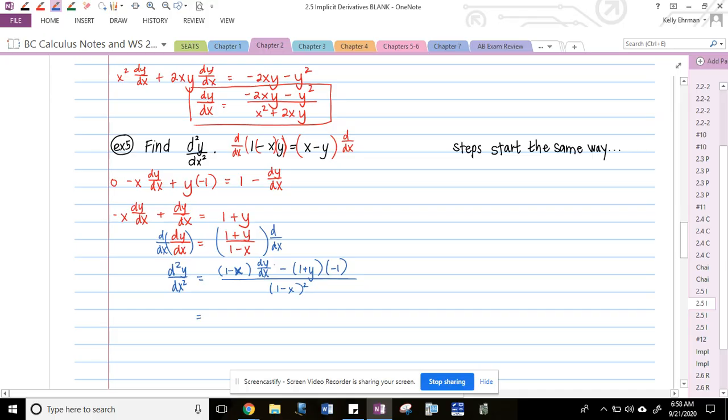Now, we don't want to have dy dx in our answer, but remember, we know what dy dx is equal to. So I have 1 minus x times, what is dy dx? It's 1 plus y over 1 minus x. And then let's make this plus 1 plus y.